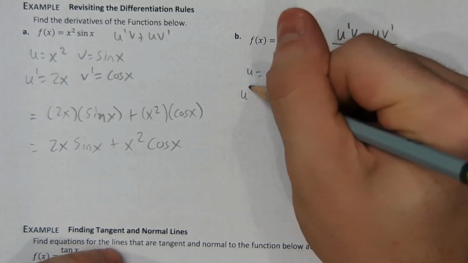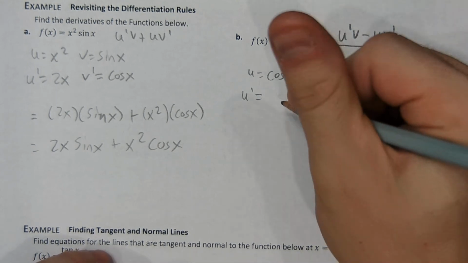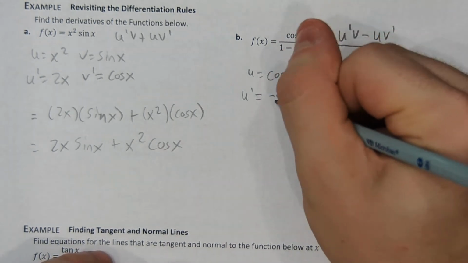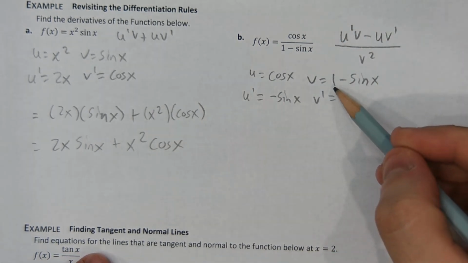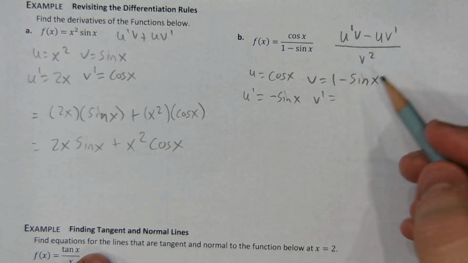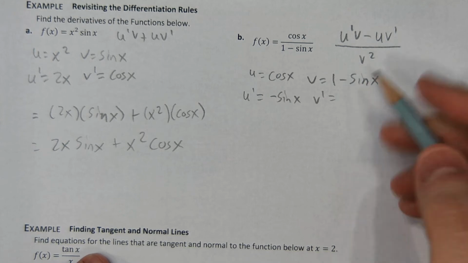U prime. Sorry, I was looking at my notes to see if I was going to have to clean this up, and I am, because we're going to have some trig identities. So u prime is negative sine x, and v prime is, well, the derivative of this constant is 0. So what we're really talking about here is the derivative of negative sine of x. Well, the derivative of sine x is cosine x, and this negative comes along for the ride.